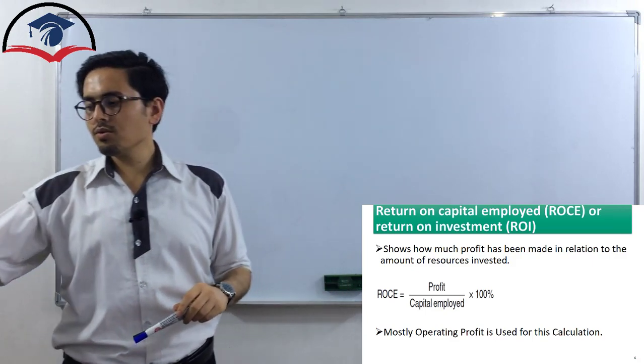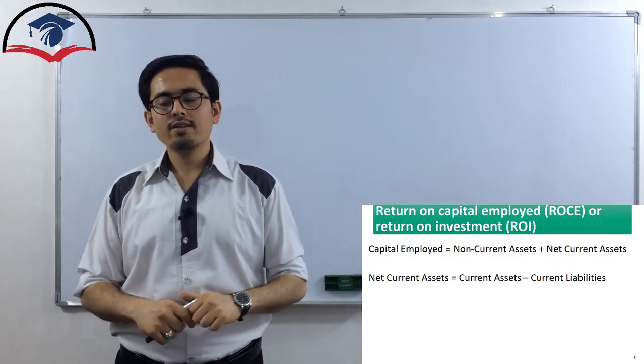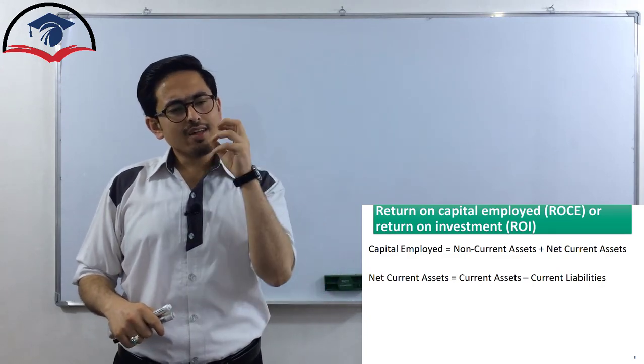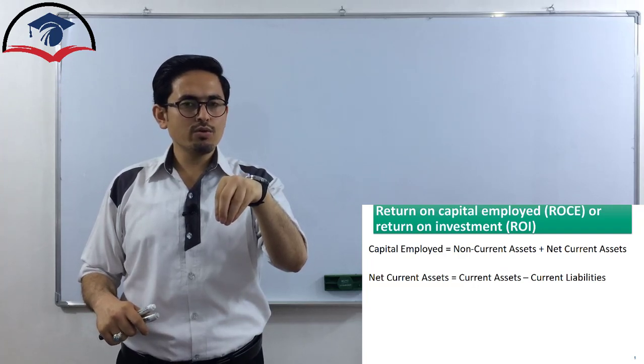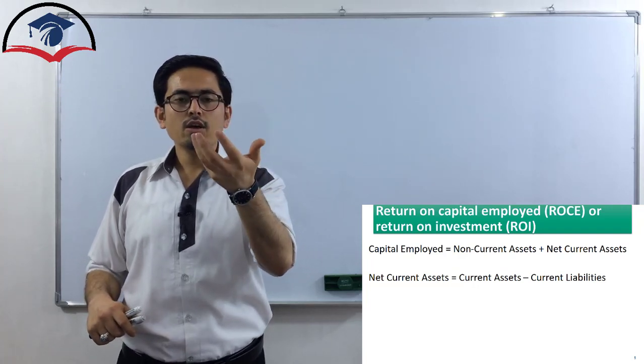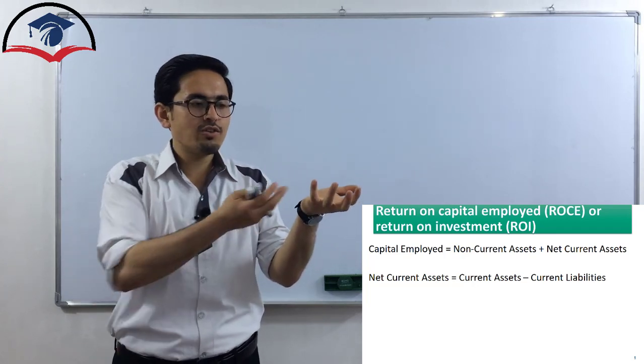So let's go to the other part. What does capital employed mean? Capital employed is the amount you have invested in the business, but there is an exclusion from that, which we will come to. Capital employed is the addition of non-current assets, which are the fixed assets.